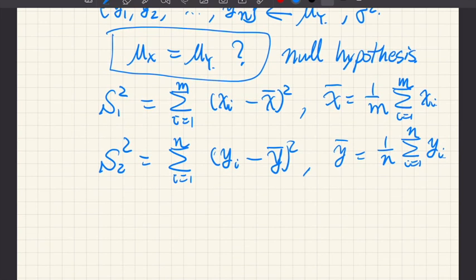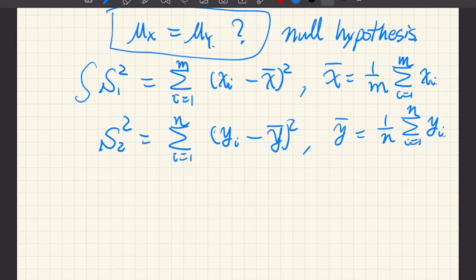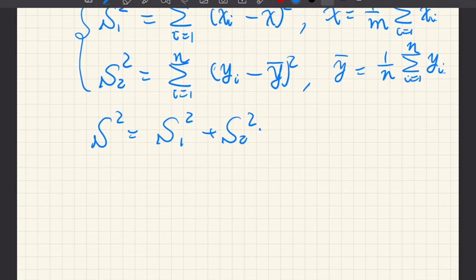Now we combine these two. So S squared is S1 squared plus S2 squared. And from this large S, we define small s by dividing by m plus n minus 1.